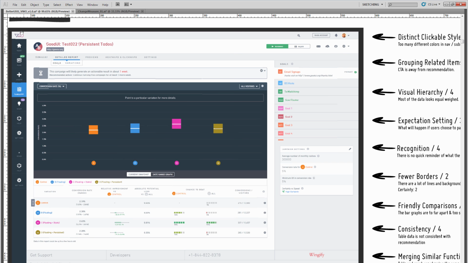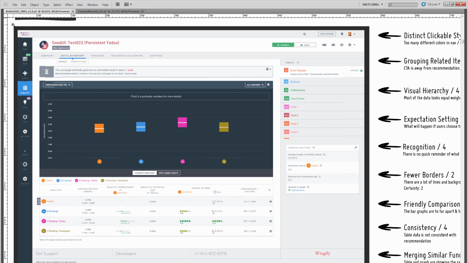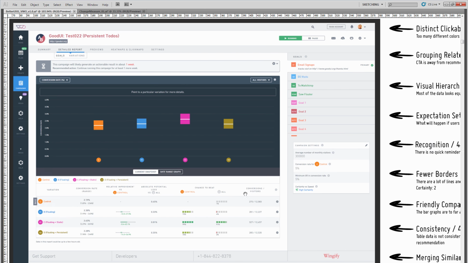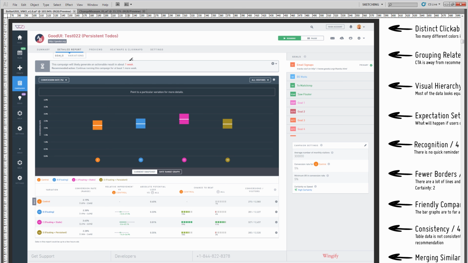But at first glance, for many users looking at this, there's a recommendation which asks this person to run the test longer. Meanwhile, there's other data here saying that there's a 99 chance to beat. So I think there is a bit of an inconsistency in what's happening here.